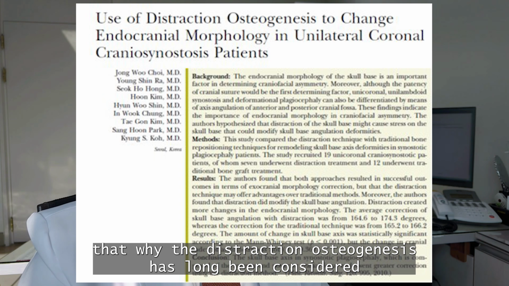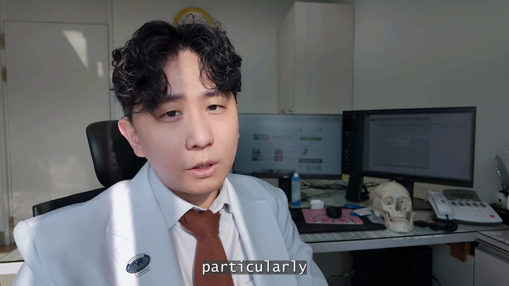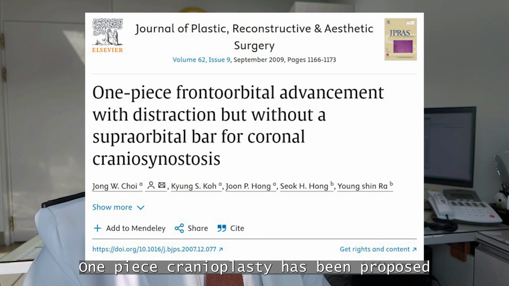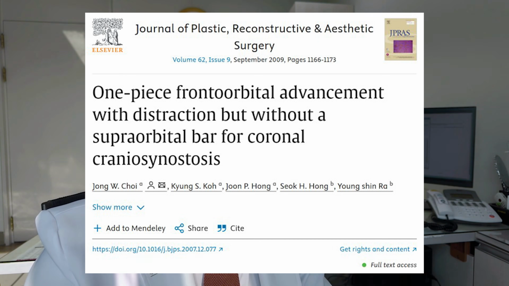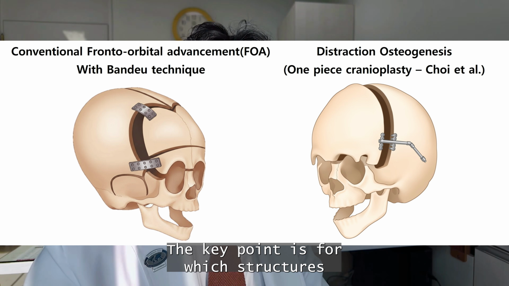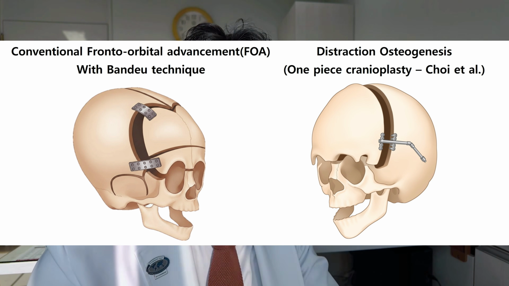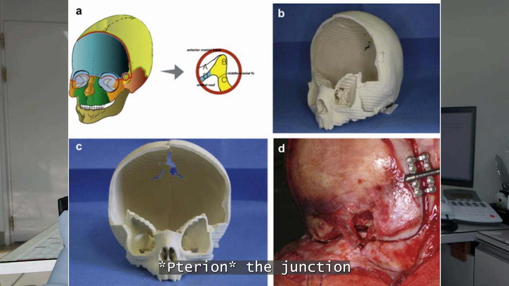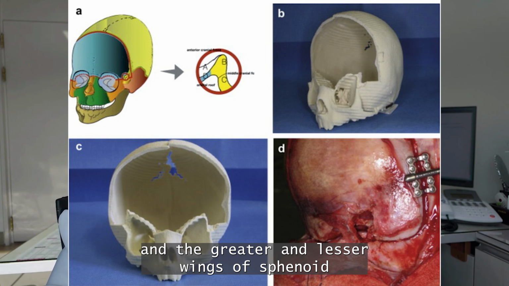That is why distraction osteogenesis has long been considered as an alternative strategy. In particular, one-piece cranioplasty has been proposed and developed over the past 20 years by Professor J.W. Choi, as shown in publications. The key point is which structures must be released to achieve the mobility. In Professor Choi's paper, the pterion, the junction of the frontal bone, temporal bone, and the greater and lesser wings of the sphenoid, is the key area.